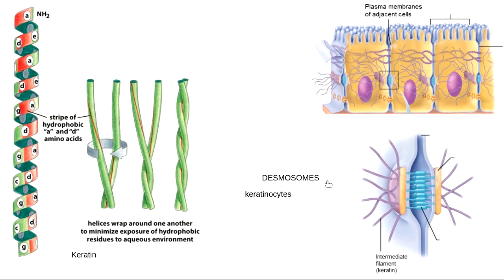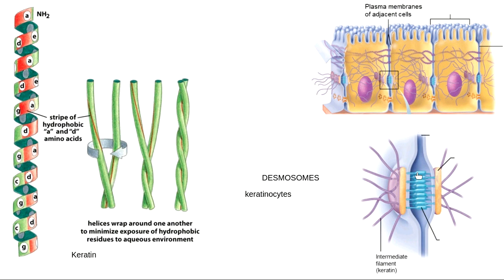The reason that matters is if you see all of these little purple lines coming off of, here's a desmosome right here, a way that I attach these cells together. To help that desmosome stay intact, to make sure it doesn't fall apart, we have all of these different keratin proteins that spread out in all kinds of directions to help with attaching my cells. Desmosomes are the type of junction that are really good for pulling in a lot of different directions.